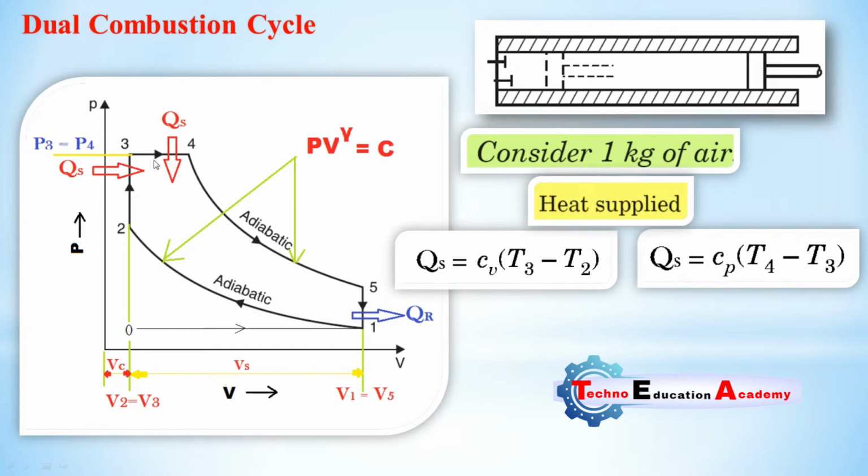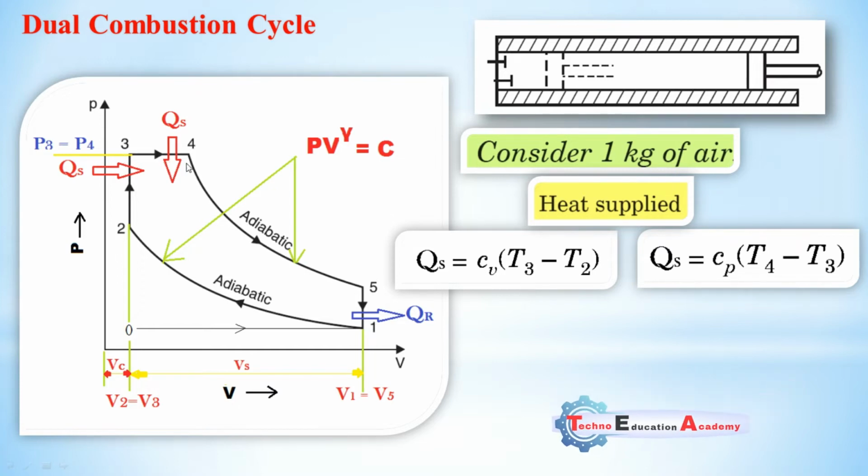In process 3 to 4, the heat is supplied at constant pressure, so P3 equal to P4, and we consider Cp. After the heat supply the temperature of the air will increase, so T4 minus T3.